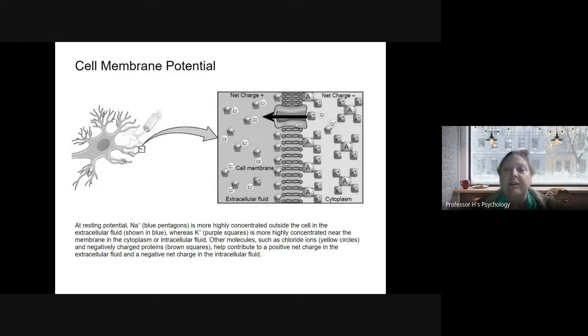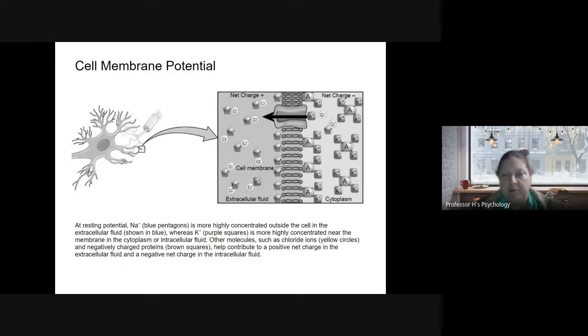This channel lets ions of different types pass through the cellular membrane, because these little molecules cannot get through this membrane. They need a channel of some sort to go through. This particular channel looks like it is a potassium channel. K stands for potassium, and this is a little positively charged potassium ion.